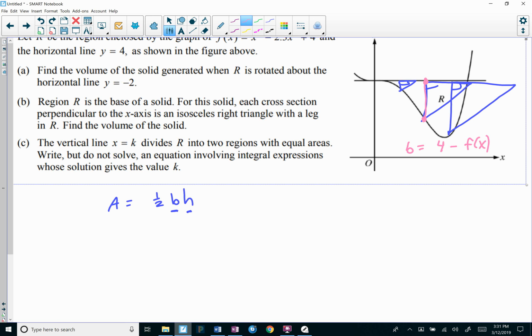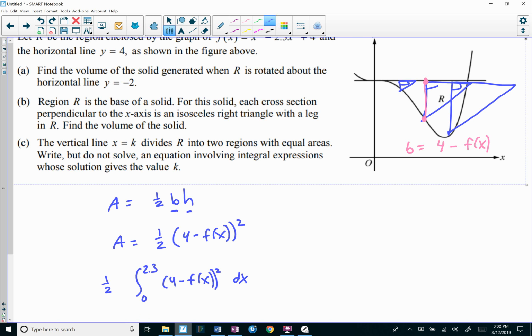But so is the height, it's isosceles. So my area formula is 1/2 (4 minus f of x) squared. Base times height is the same thing. In my integral, I'm going to pull out the 1/2. You don't have to. I have (4 minus f of x) squared dx, still going from 0 to 2.3.